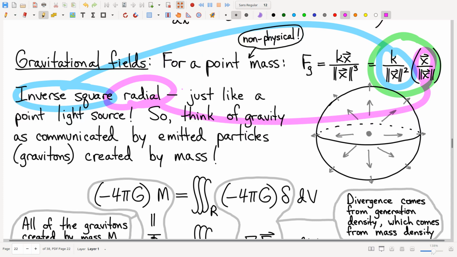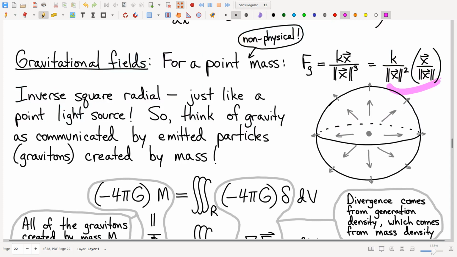And when two things look just alike, you can pretend that they are the same. And so this is a very common choice in physics because this is the exact same vector field as a flow of fluid created by some particle-emitting stuff.